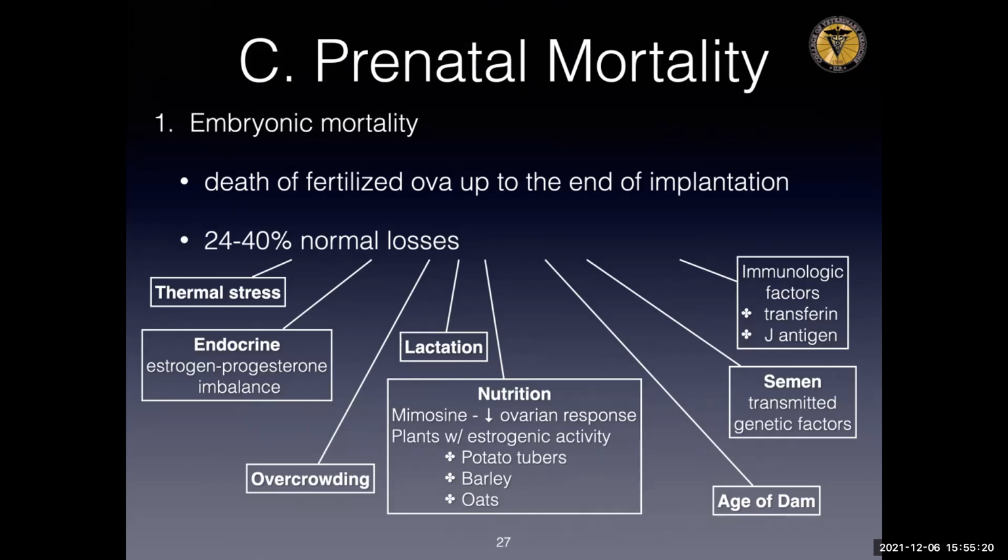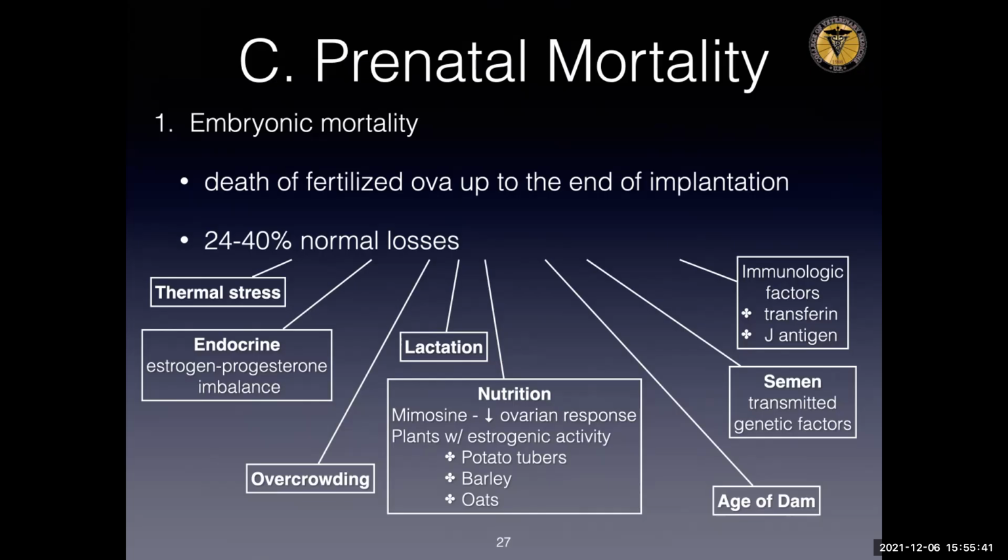This is also one of the reasons why we should be careful in giving them forage, okay? Mimosine is present in ipil-ipil. We know that ipil-ipil is a legume, high in crude protein.